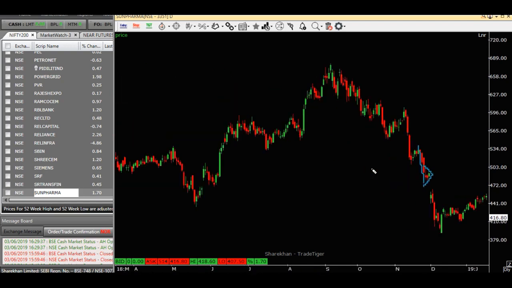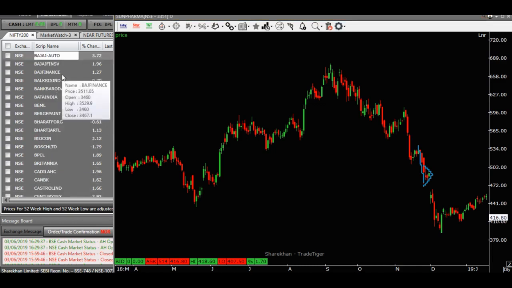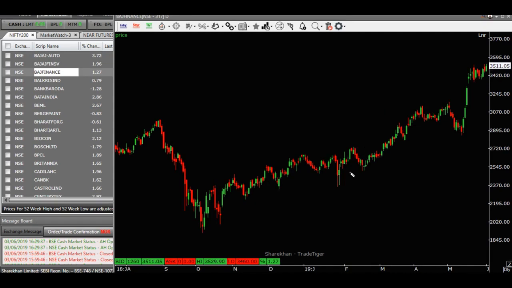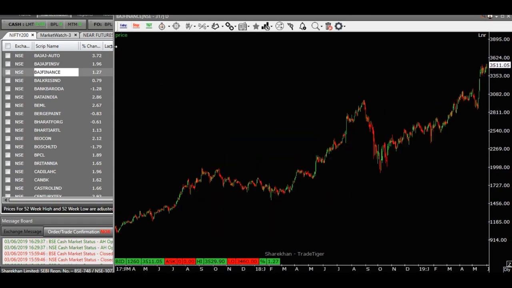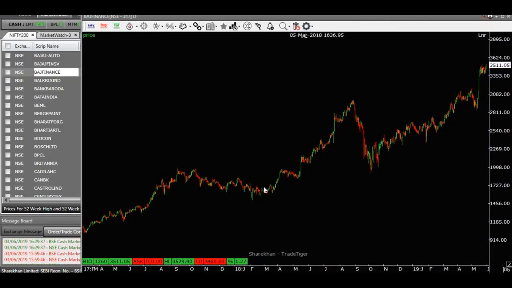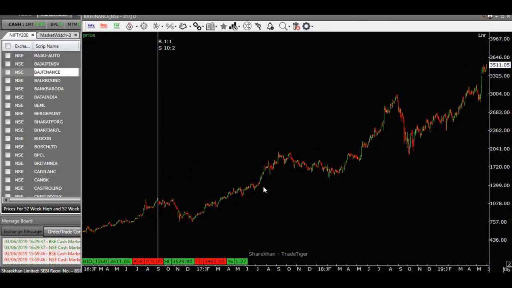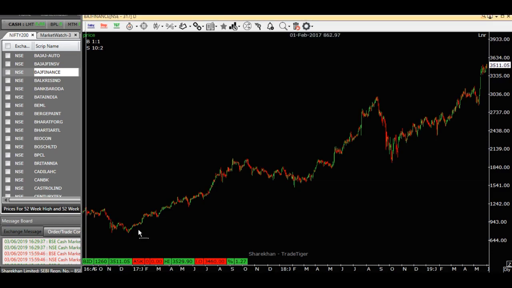Okay, let's look at some bullish examples. I can open the chart of Bajaj Finance. I can see one very large, very big flag here.